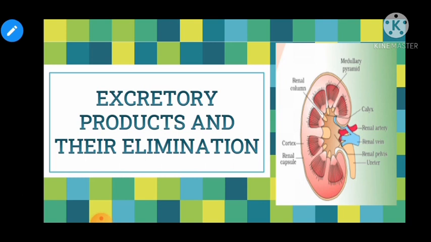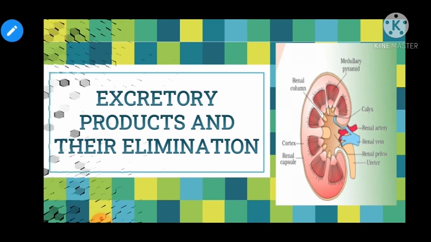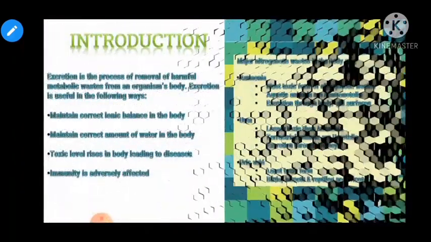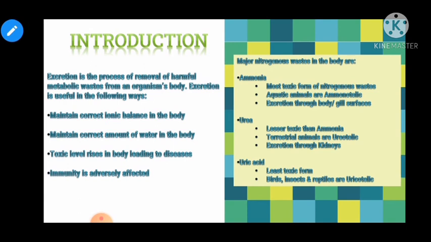Children, we know that animals accumulate ammonia, uric acid, carbon dioxide, water and ions like sodium, potassium, chloride, phosphate, sulfate, etc., either by the metabolic activities or by other means like excess ingestion.